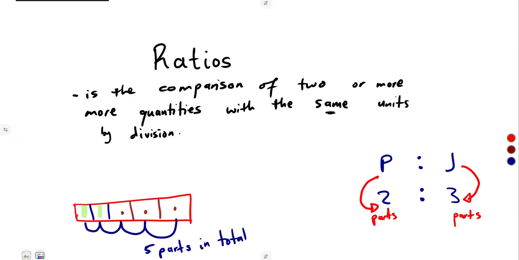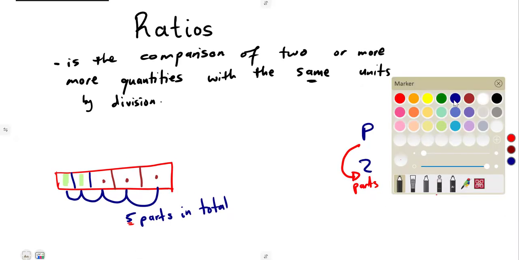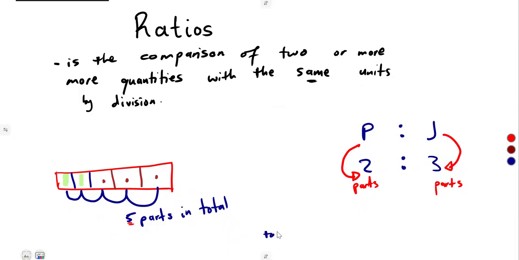So meaning to say the total number of parts equals to what we are sharing. The total in terms of the ratio equals to what we are sharing.